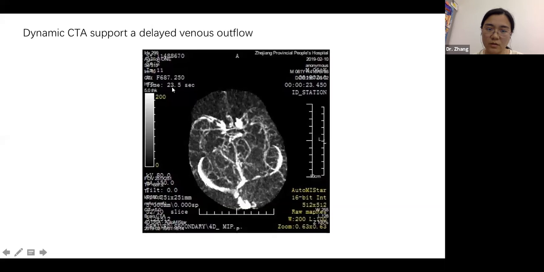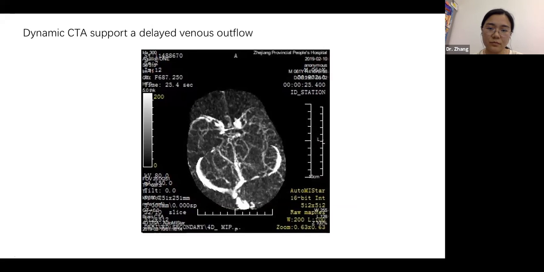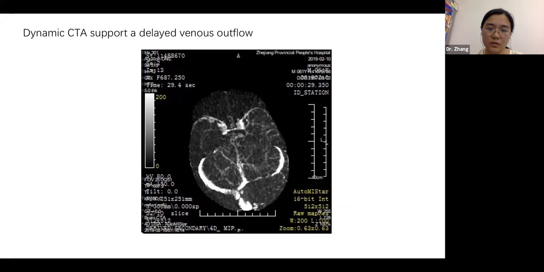So now it's 23.5 seconds. Compared with the previous image, almost 7 to 8 seconds have passed, and the ipsilateral superior middle cerebral vein just appears. So there is a venous outflow delay. At last, they both exist.